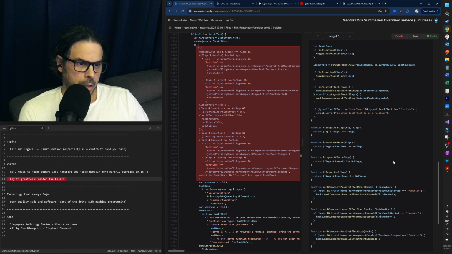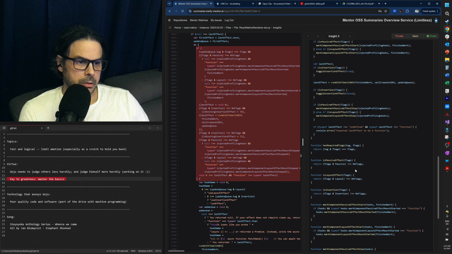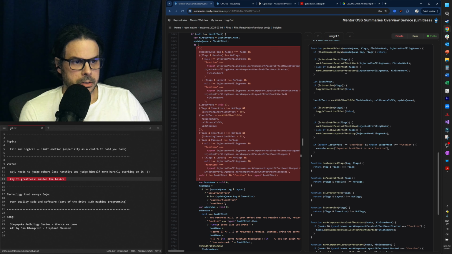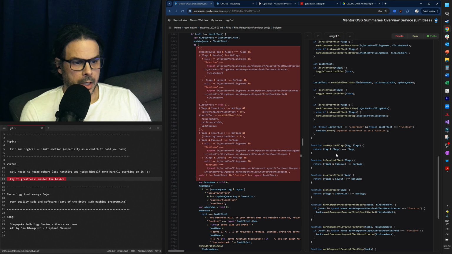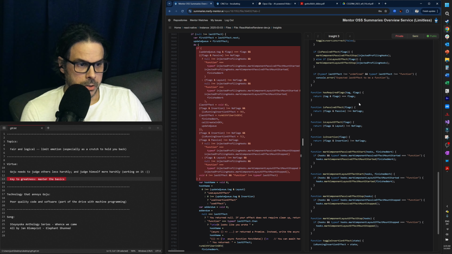But seriously, guys, I would take this code 1,000,000 times over this code, because this code I can reason about in pieces. I can say, I know what this does. Has required flags. Got it. I can reason about this. Is passive effect. I know what this does. It does this, right? So I can slowly build up the knowledge in small pieces to understand what's going on.